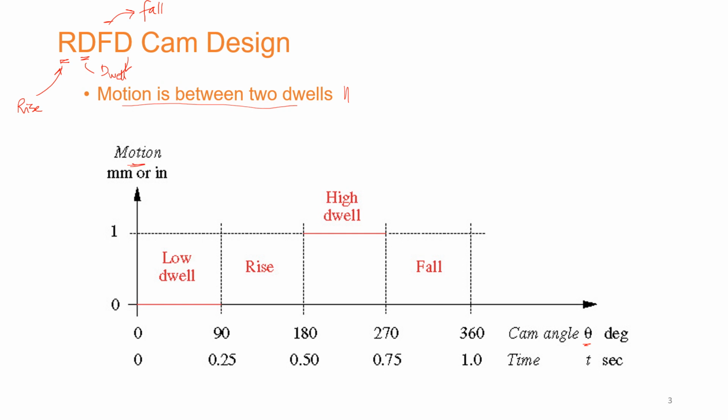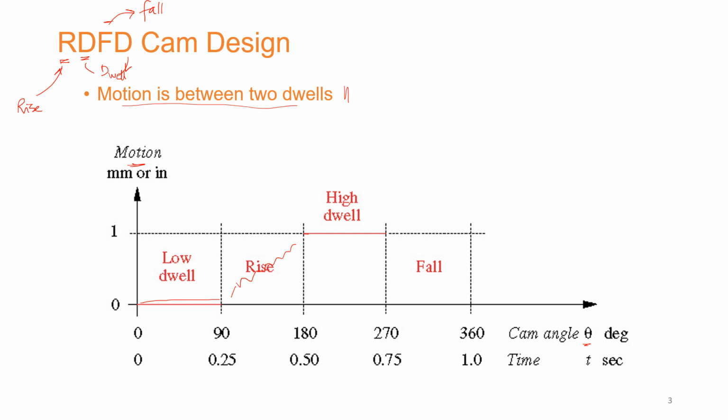And in this example, you start with a low dwell, you stay there, you make sure that there is no movement on the follower, then you perform the rising action, which we have not defined, and last time we have kind of drawn it in this fashion just to indicate that there is some sort of mechanism to allow the follower to rise up.